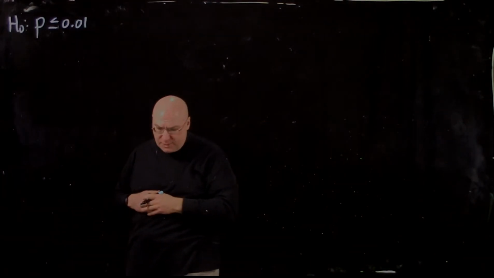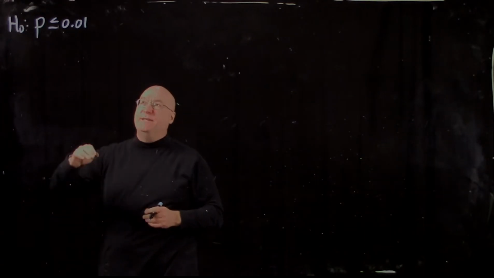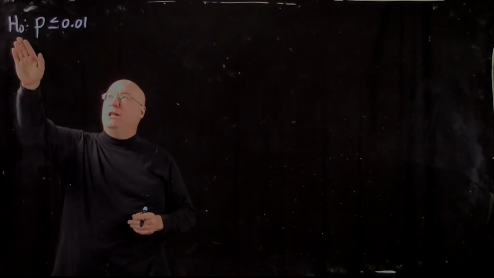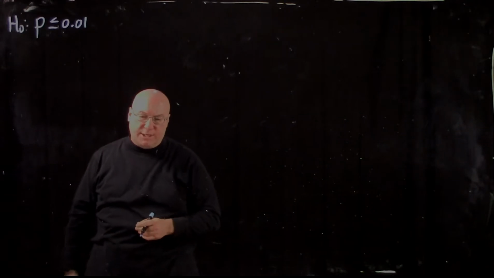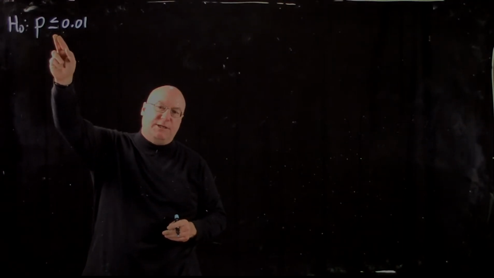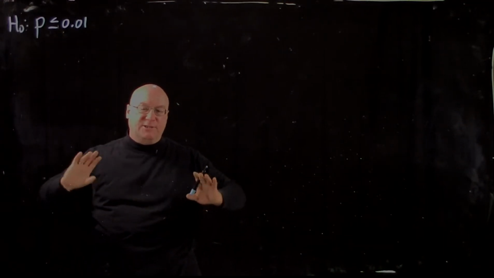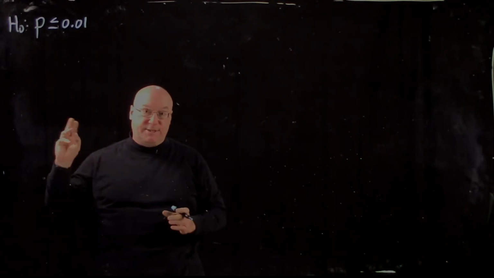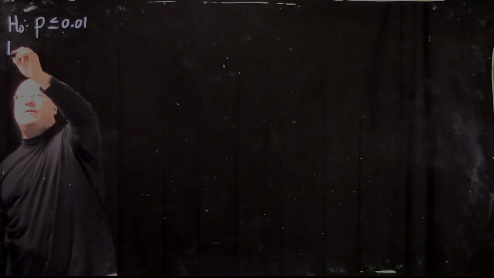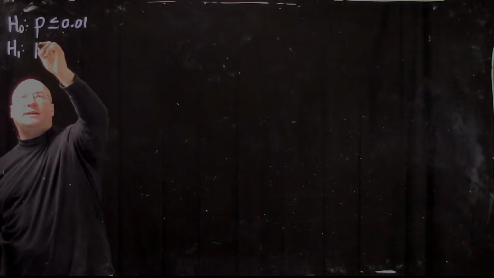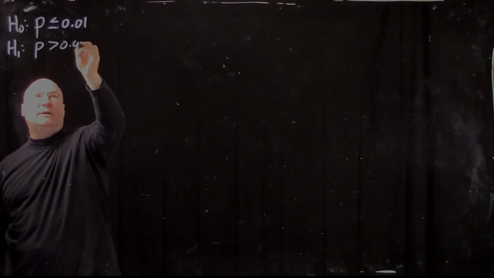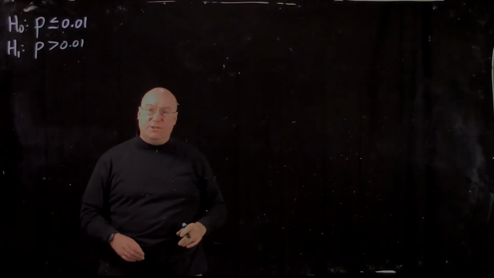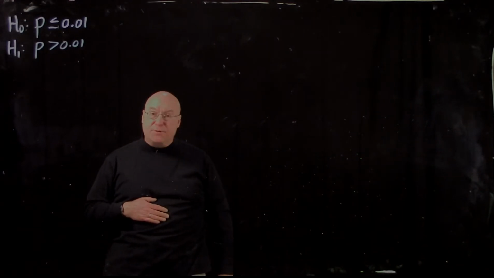Notice that I have a case here where the null hypothesis contains inequality. That's all right, it also contains equality. They'd like to say, hey, it's no more than 1%. If it's less than 1%, that's great. But the alternative hypothesis that we're really testing this against would be, is it greater than 1%? So it's a right-tailed test.